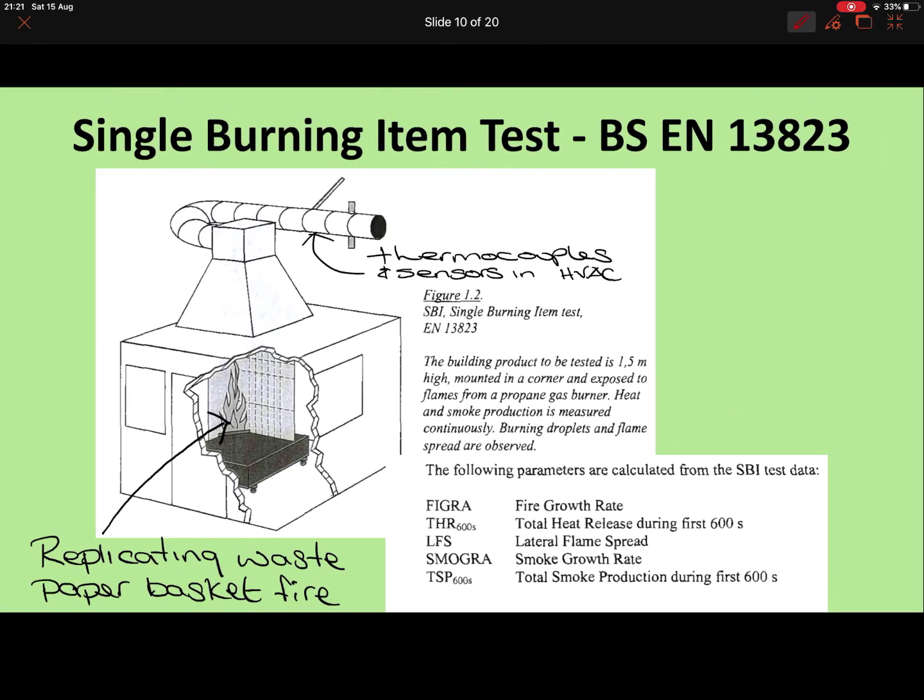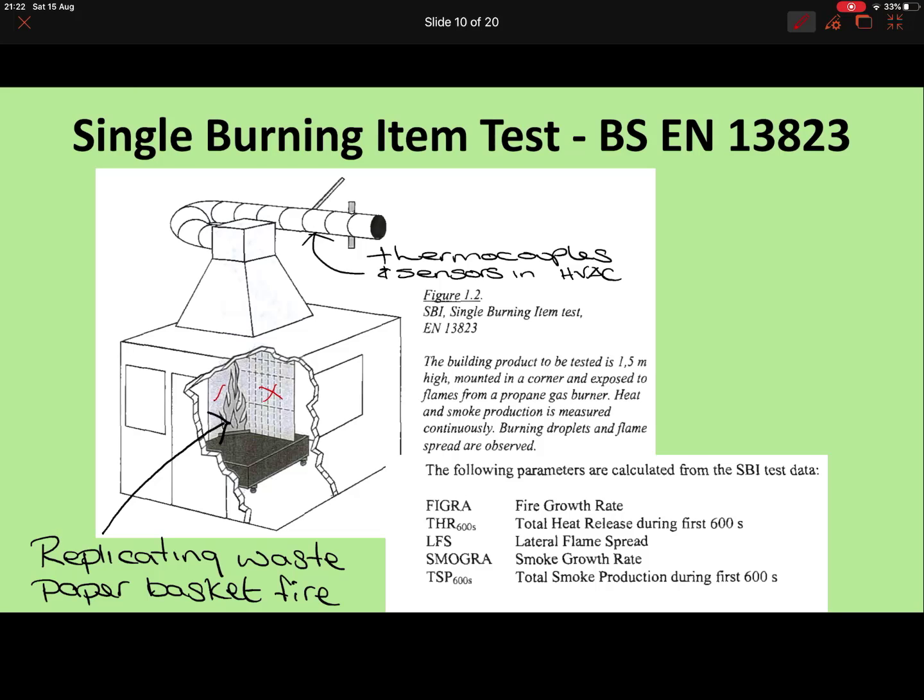Okay, on to the single burn item test, the SBI test. I think this is the kingpin of the test systems to 13501. It's a medium scale test, and the sizes of it's generally for panel products, and the sizes of the panel products are 1500 by 1000.